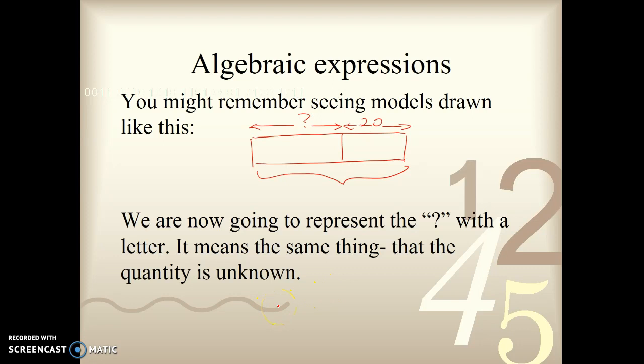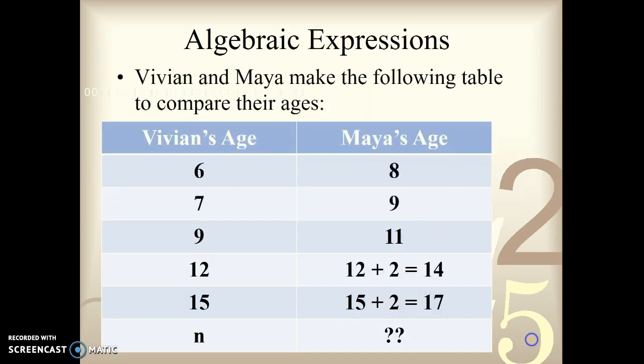It means the same thing, that the quantity is unknown. So that looks like this. Maybe this value is 20, just like our model up above. But now this unknown area is going to equal n, or x, or y, or something like that.